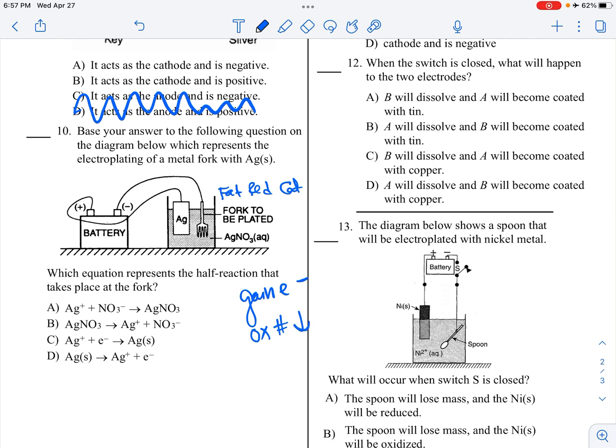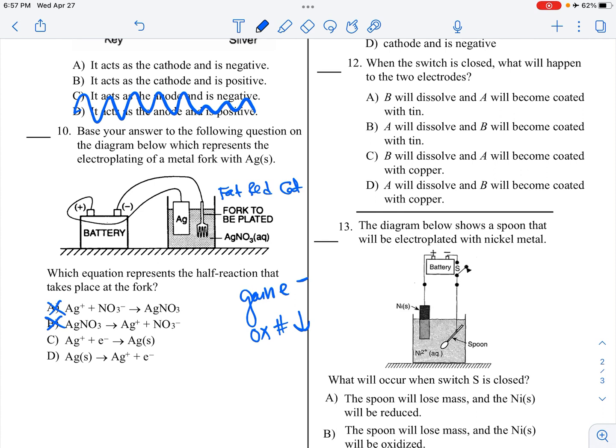So we can get rid of B immediately because that's not a half reaction. And we can also get rid of A because that is not a half reaction either. Half reactions are simply ions to neutral atoms and the gain or loss of electrons. So now we're dealing with C and D.